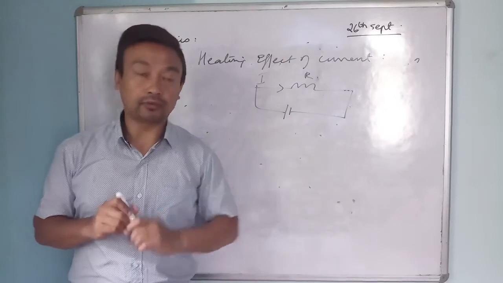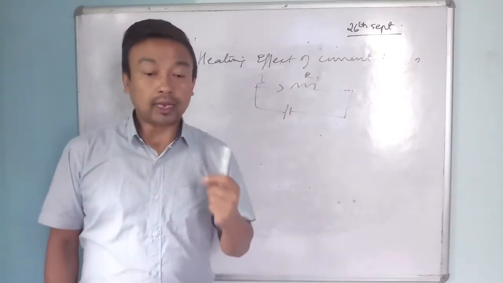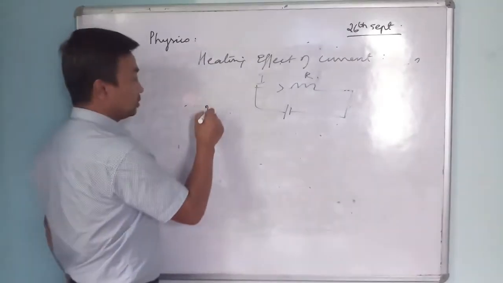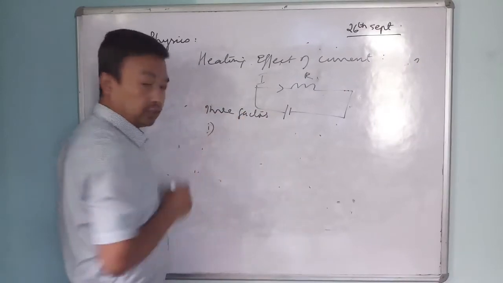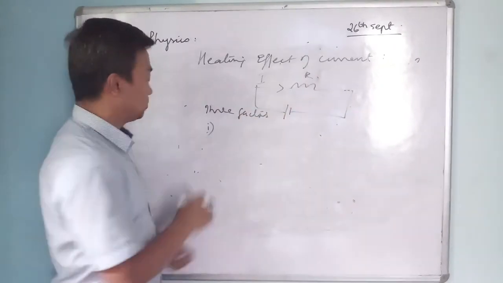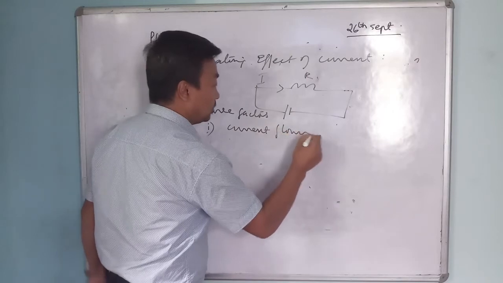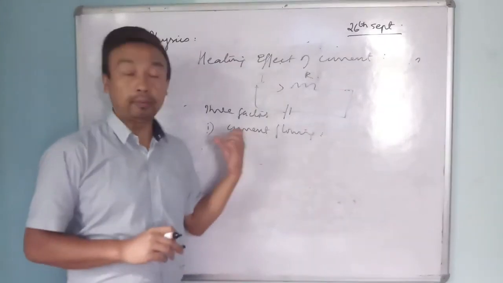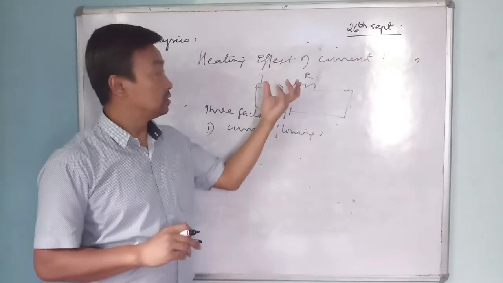This heating effect, the amount of heat in a wire on passing the current, depends upon three factors. First, the amount of heat produced depends upon the current flowing.